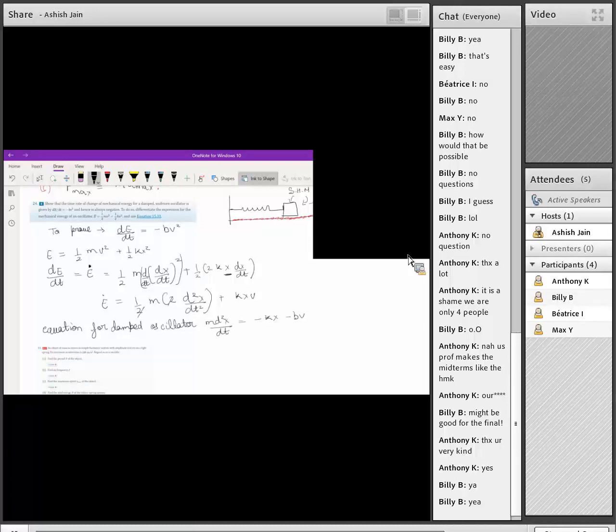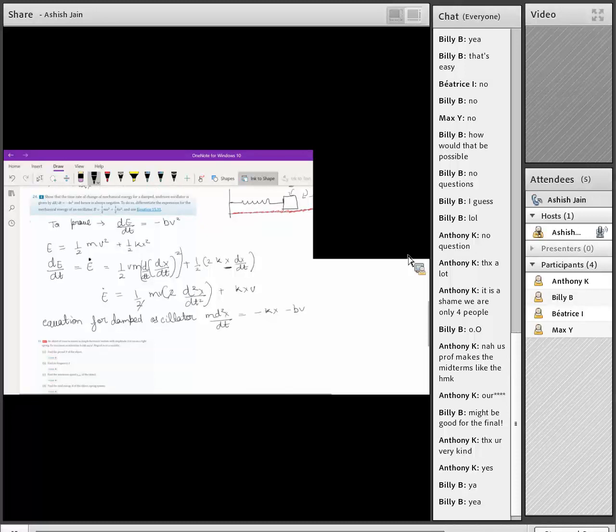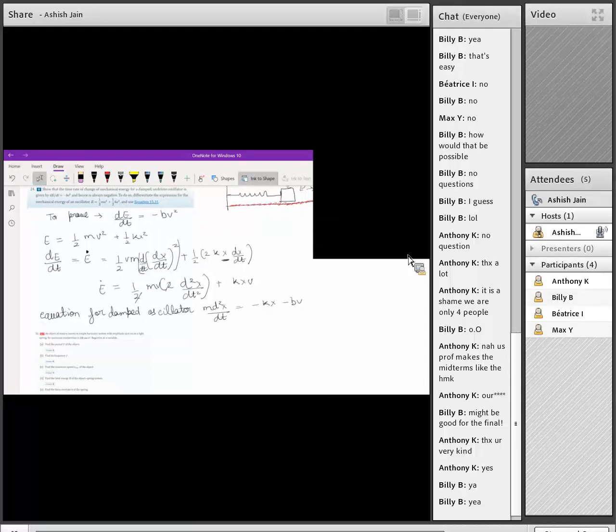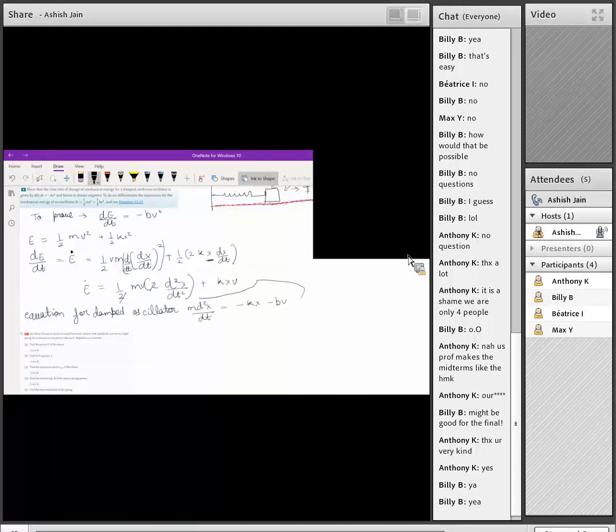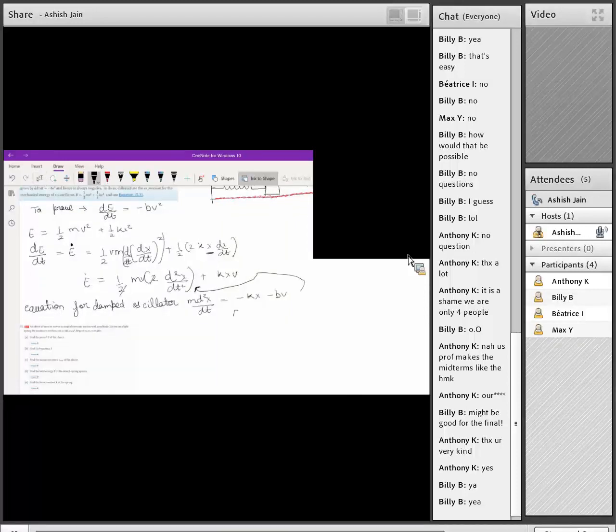Sorry, I'm missing a v here. I'm very sorry there. md2x by dt square, and I'm substituting back in this equation. I'll get E dot as mv minus kx minus bv.